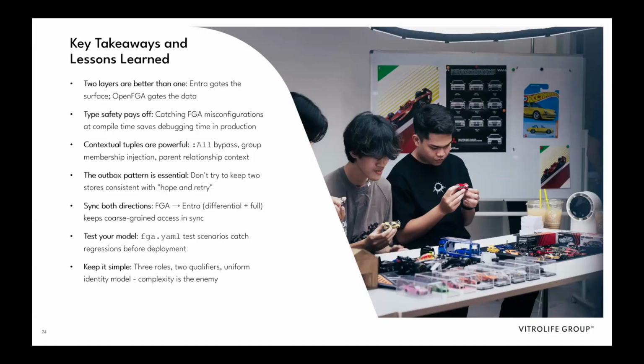We thought we would have to spend a lot more time on this synchronization, but it was much simpler, thanks to us having these qualifiers and figuring out that the self qualifier should always be controlled by FGA, so we don't have to manually manage it in any way. Of course, test your models and keep it simple. Nothing around this is simple, but we've tried to keep it as simple as possible at least. I don't think I succeeded in that though.